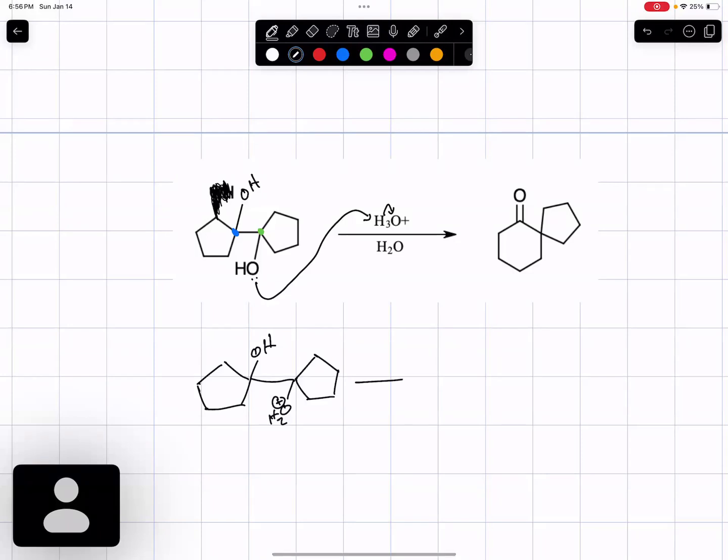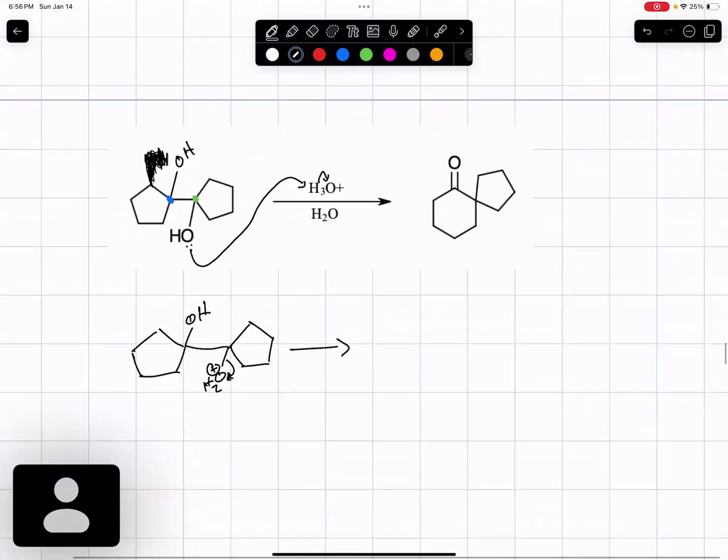Once it leaves, you have a tertiary carbocation. And now what are we doing? You're going to reform the ring.